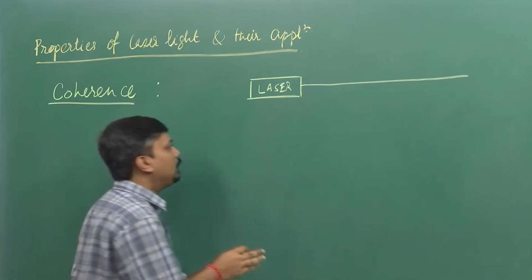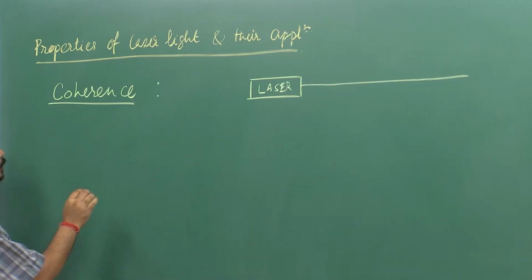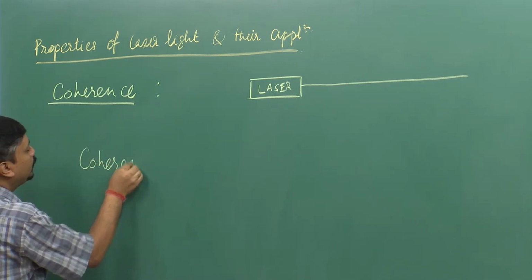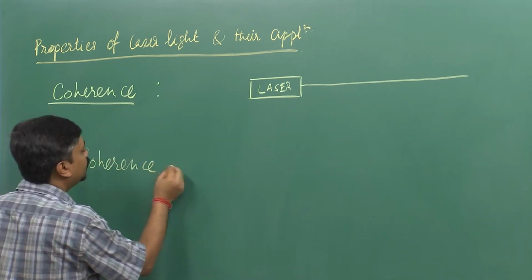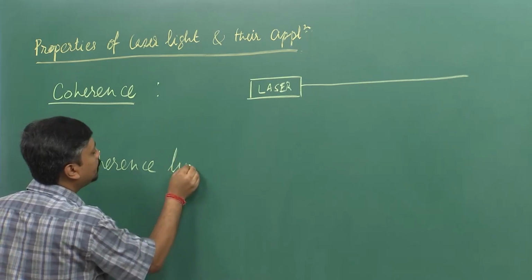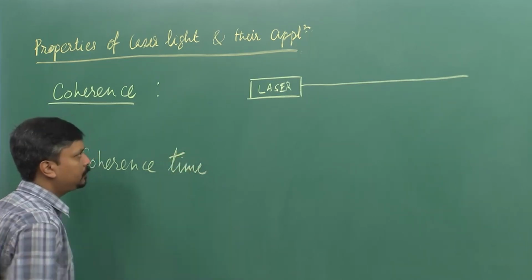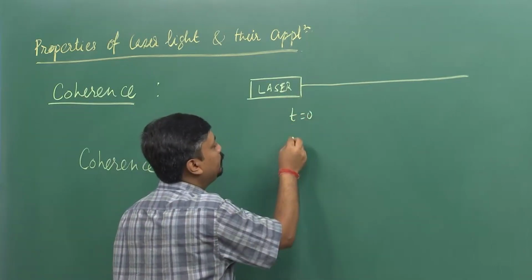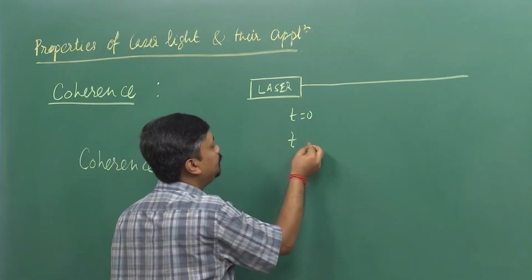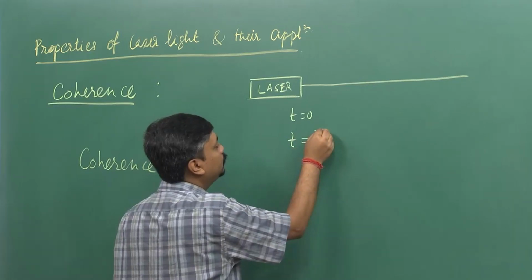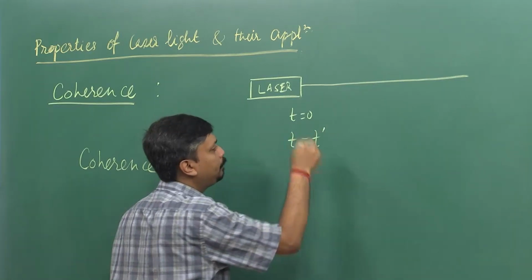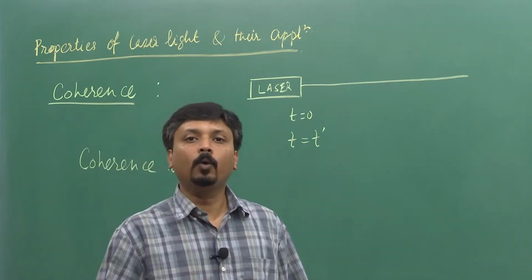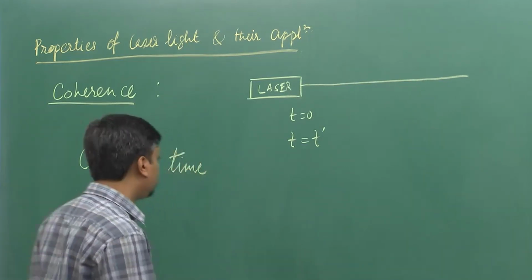So is there something like coherence time, that is, if I start here at time t equals 0, then if I look at the same beam at some t equals t prime, then will there still be coherence intact or not?